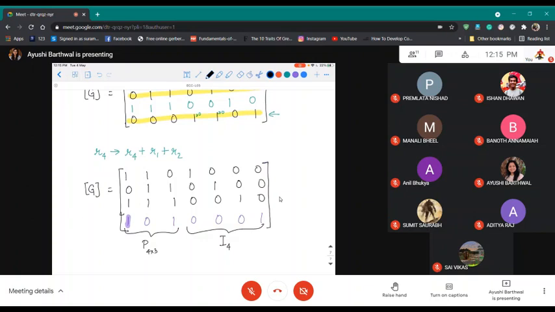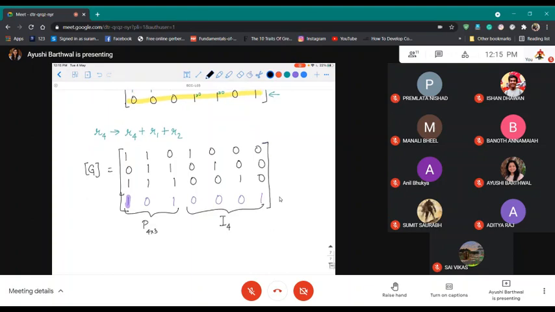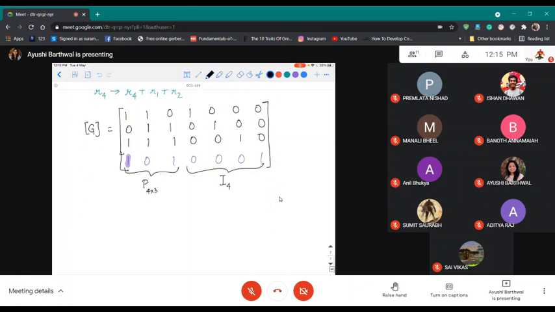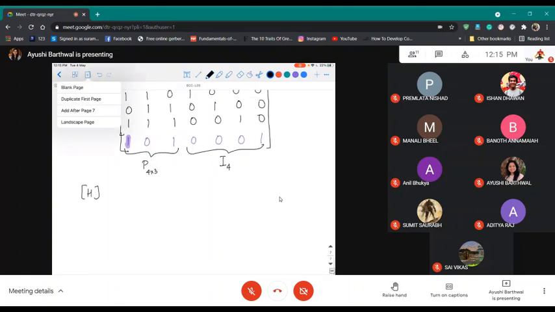So this is how you obtain a parity check matrix. Now you can directly obtain your H matrix from here, or you can verify by finding your H matrix.